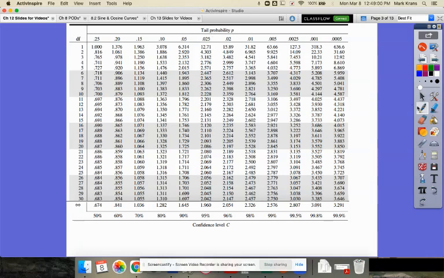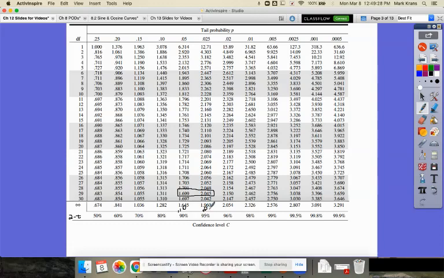Okay, so basically, I know my t-score is somewhere in between these two values. Okay, and so if it's two-tailed, then I know that my p-value is somewhere between 0.10 and 0.05.